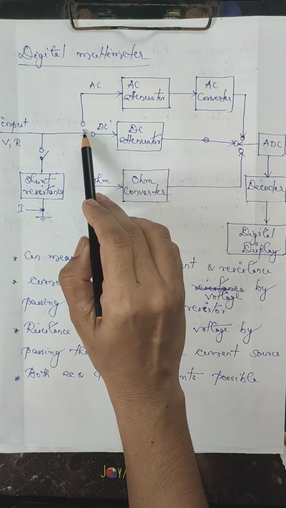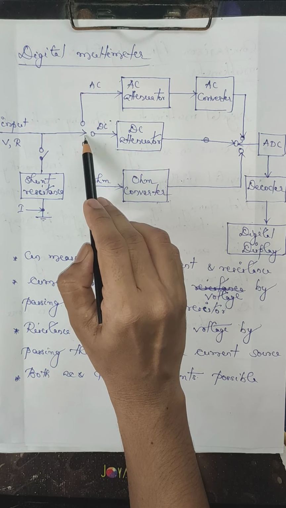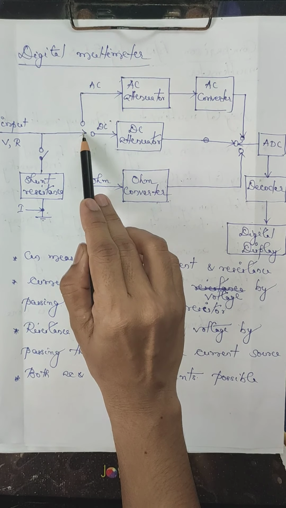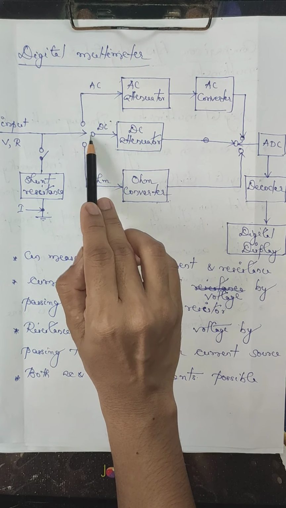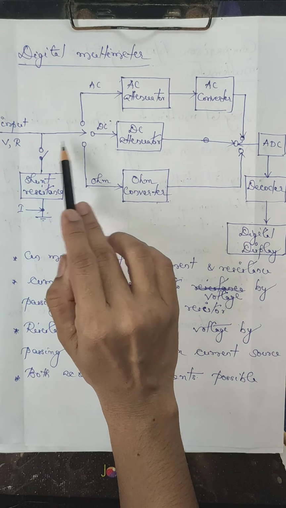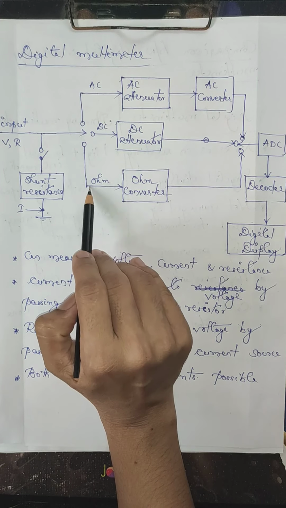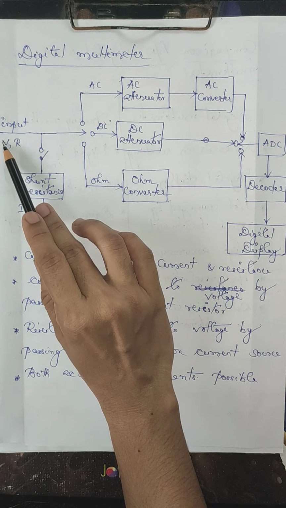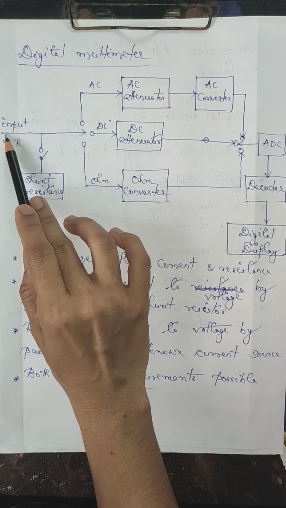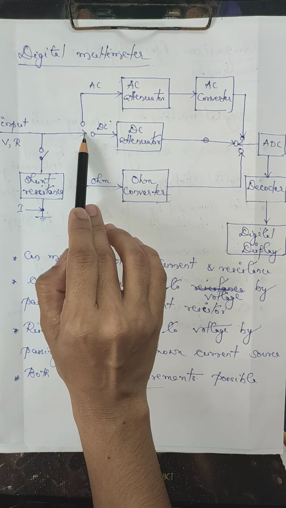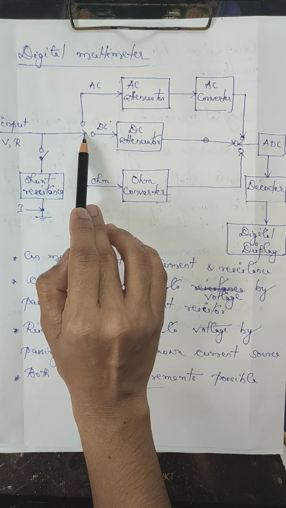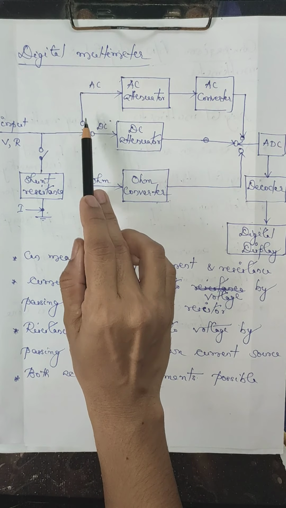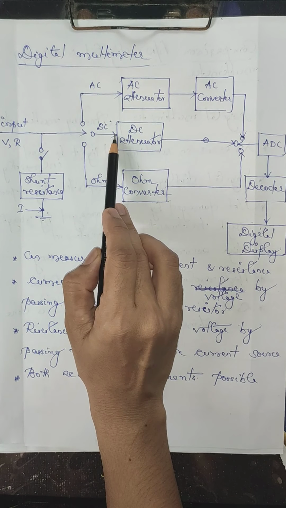And from here, if the voltage signal is AC, it is given through this path. If it is a DC voltage signal, it is given through this path. And if it is a resistance signal, it is given through this path. So remember, if it is a voltage, it can be directly fed like this. Depending on whether it is AC or DC, it chooses either this path or this path.